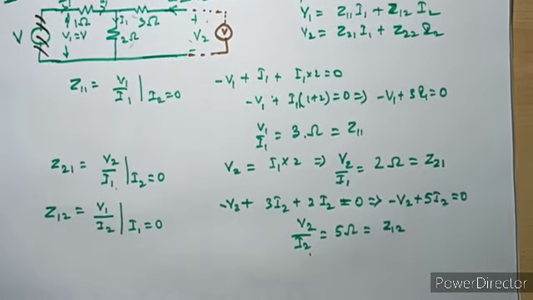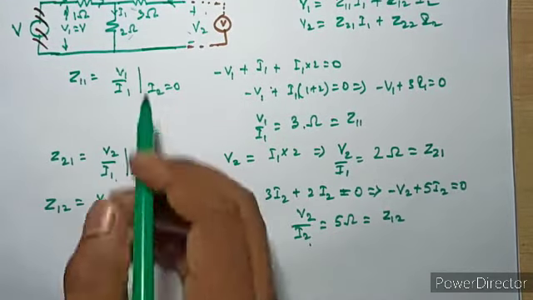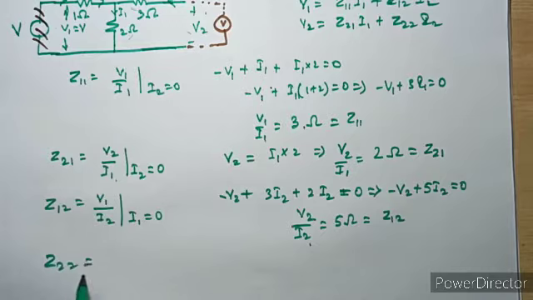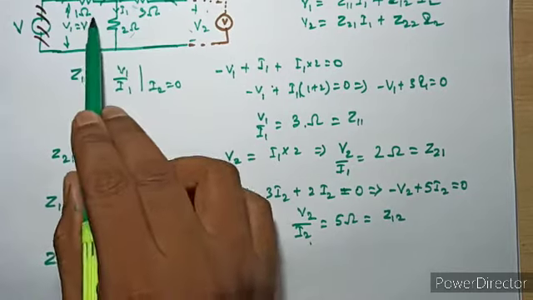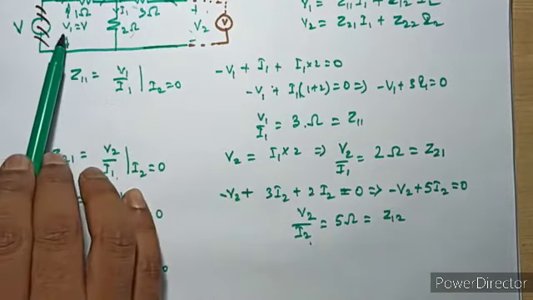In the same way, Z22 is what? Z22 is nothing but V2 by I2 when I1 is equal to 0. If I1 is equal to 0, then V1 will be what?